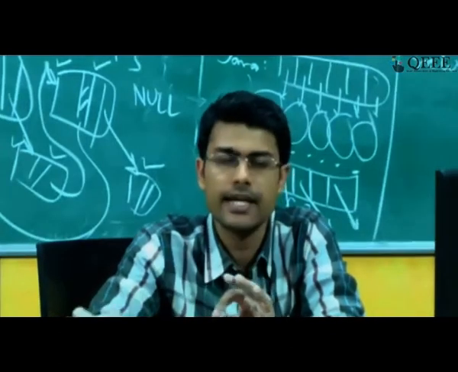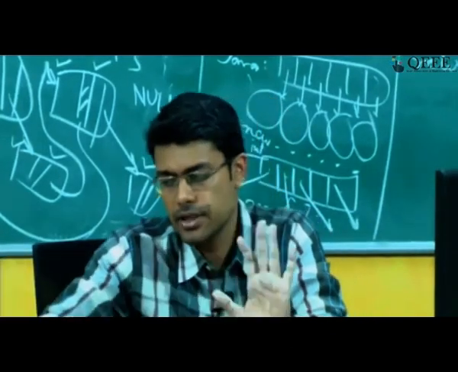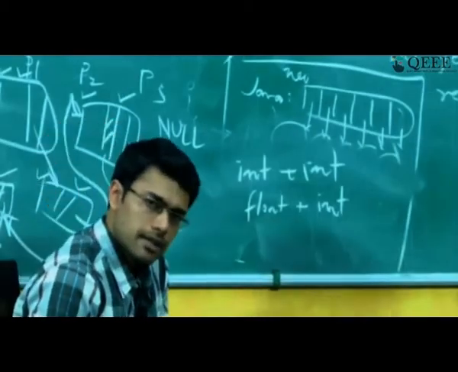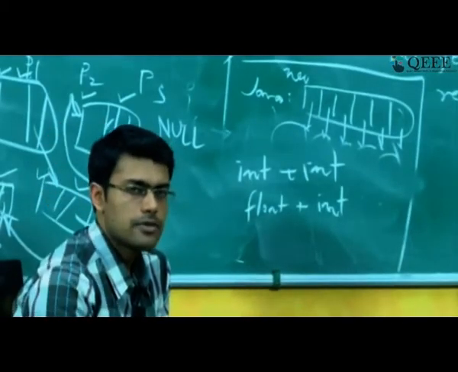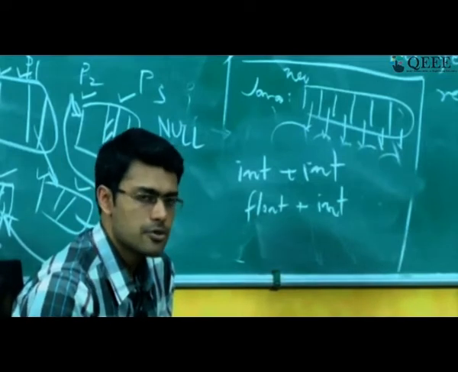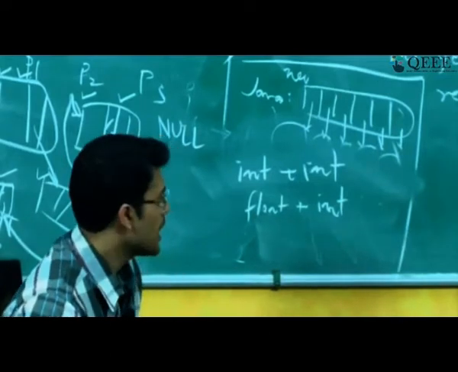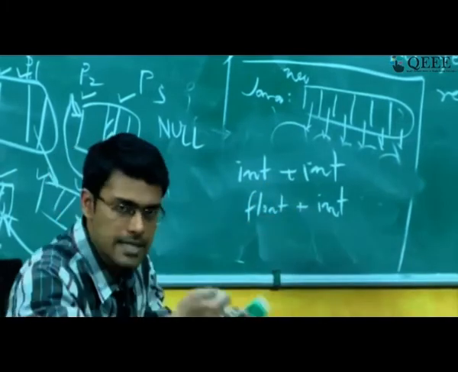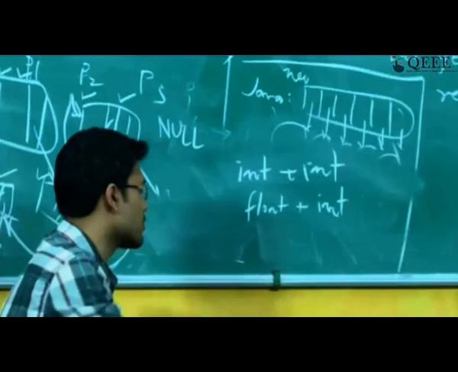However, if you go very technical, when I am talking about int plus int or float plus int or float plus float or double plus int, double plus char, etc., it's actually the same plus operation happening on a basic type. There is an automatic conversion happening.